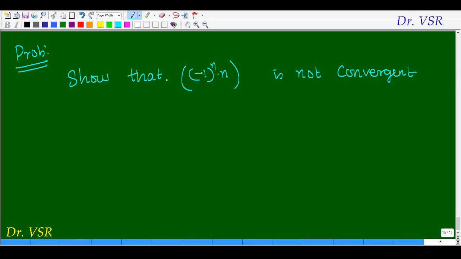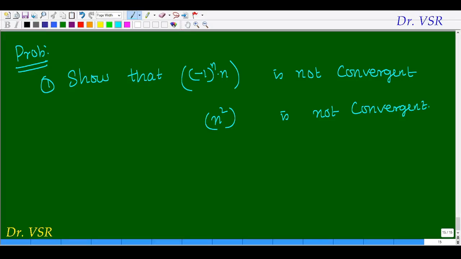This is the first problem. What is the second problem? This n square is not convergent. Okay, so this is the idea.